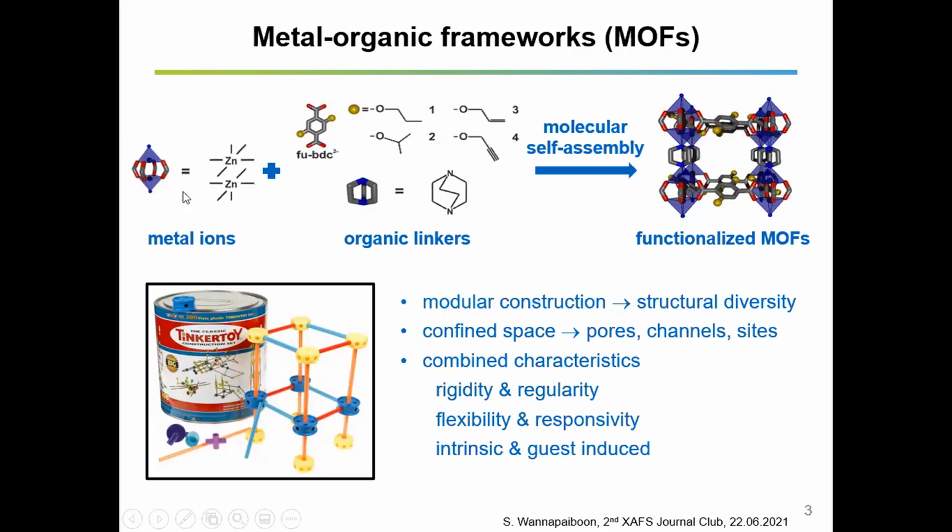The combination comes from molecular self-assembly by coordination bonding between the metal clusters and the functional groups of the organic linkers, forming the periodic structure of MOF, containing persistent porosity or void inside the structure.